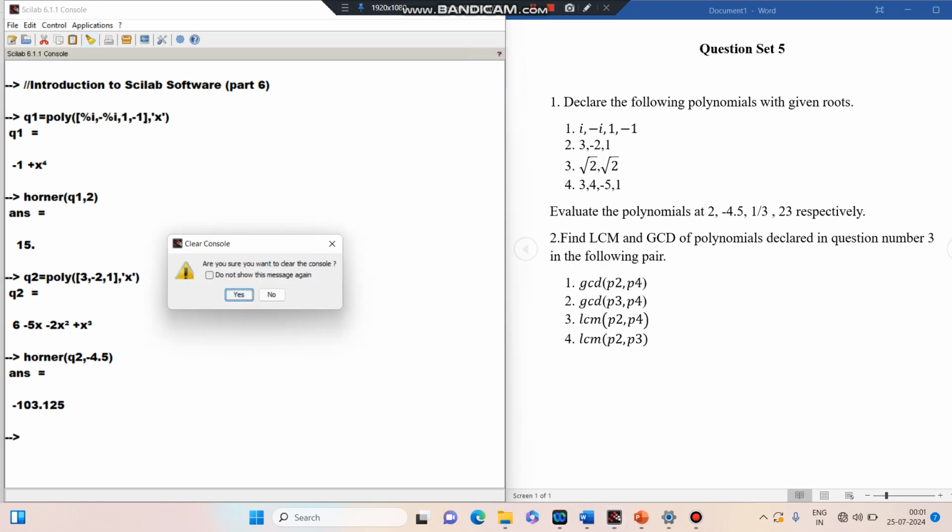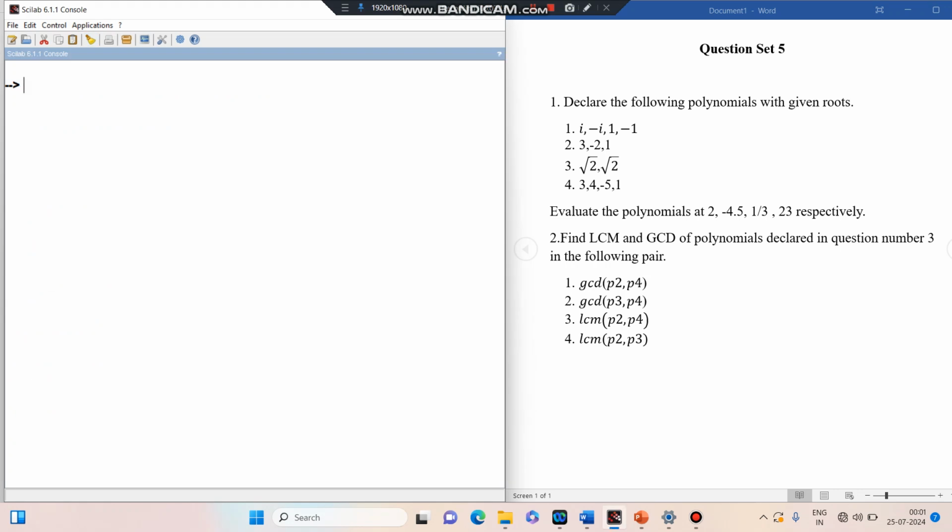Let me clear the console for the next. Now we want a polynomial using the poly command with given roots. Let us take it as Q3 and the roots are square root 2, square root 2. So to find the square root, we write sqrt in the bracket 2 comma sqrt in the bracket 2.